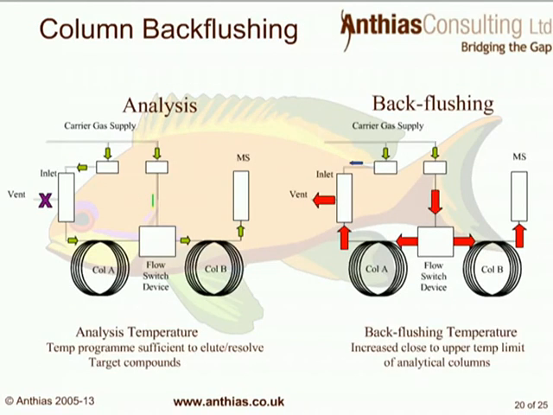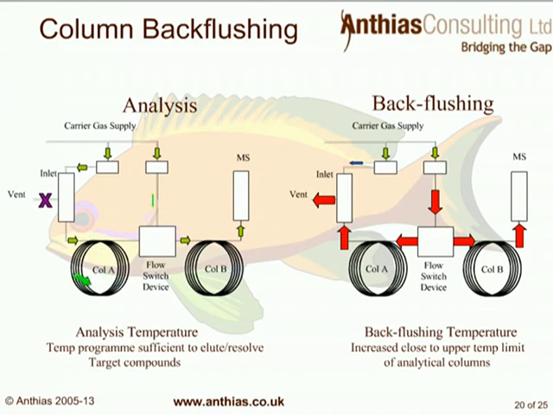As mentioned earlier, one way of reducing the likelihood of our less volatile compounds gradually moving through our column stationary phase and into our detector, which of course will dirty our ion source faster, we could consider backflushing. In this diagram here on the left-hand side, this is where we're doing the analysis. So we inject our sample into our inlet just here.